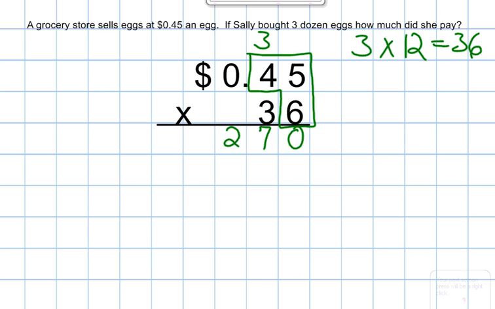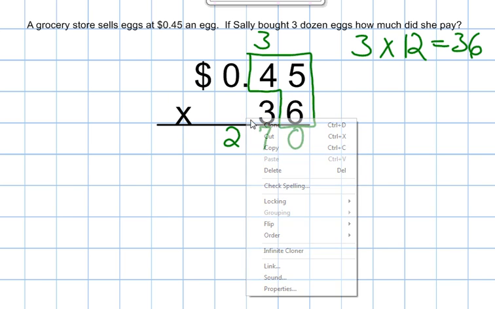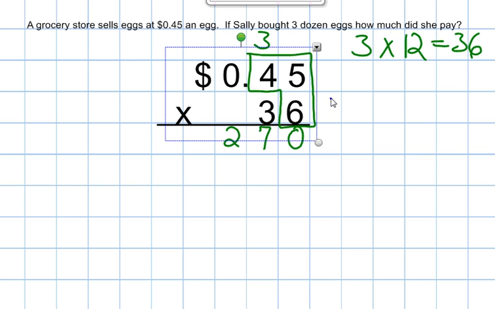Now we're going to look at our next part. And we're looking at the number 3 this time. But once again, we realize that this 3 is in the tens column. Since it's in the tens column, it isn't a single 3, but instead represents the number 30.